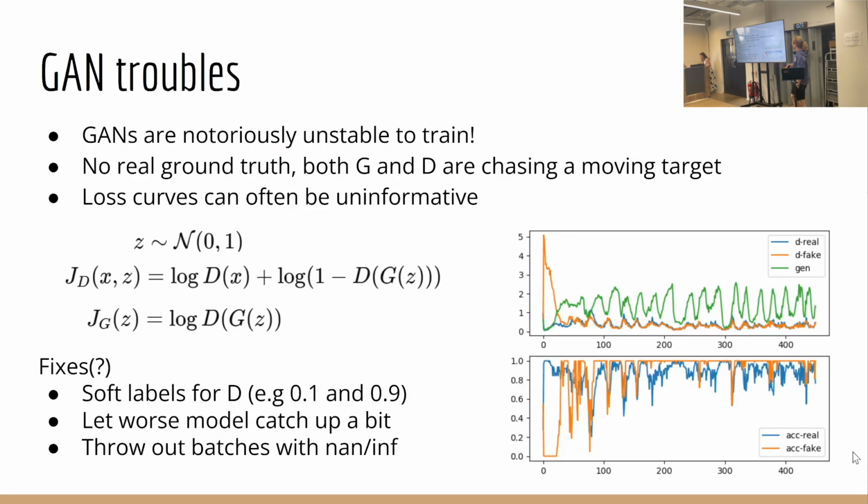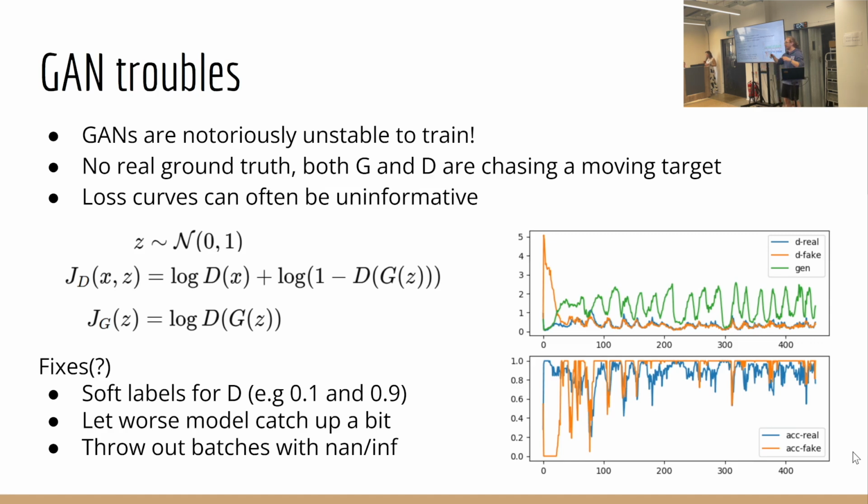Okay, failure modes. First off, the loss curves look completely bonkers, because the discriminator gets a bit better at distinguishing, and then the generator gets better at fooling, and then the discriminator gets better at distinguishing again. So these have to fight each other, and your loss curves look kind of whack. Basically, as long as one of them doesn't spike to infinity while the other flat lines, which means the generator is always good at making fake stuff, or the discriminator is always good at distinguishing, and then learning stalls, that's fine.